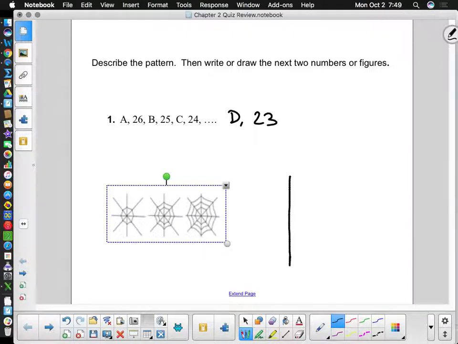We'll just draw one of them for right now. Okay? So it's 1, 2, 3.